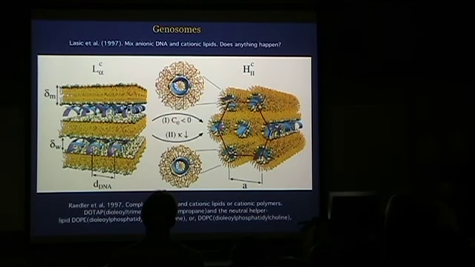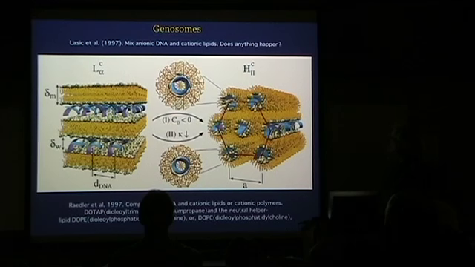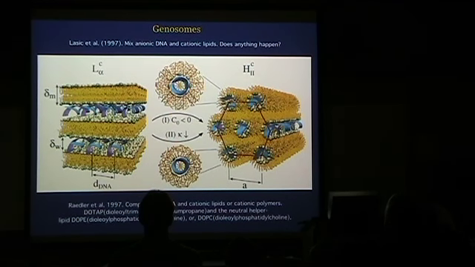So this is the situation that you have. DNA intercalated between lipid bilayers, as you can see here, and making liquid crystalline phases of various symmetry. So this is a lamellar phase, this is a hexagonal phase, and so on.